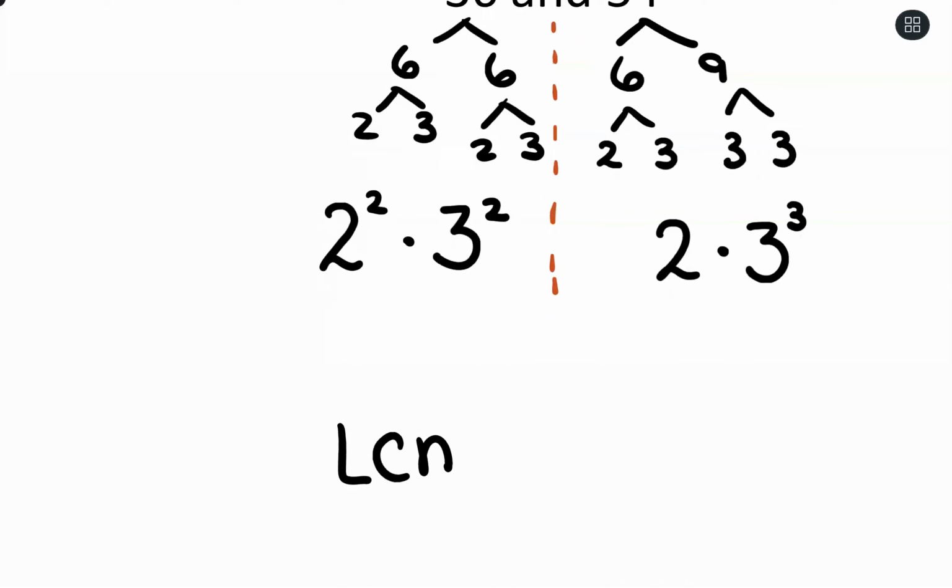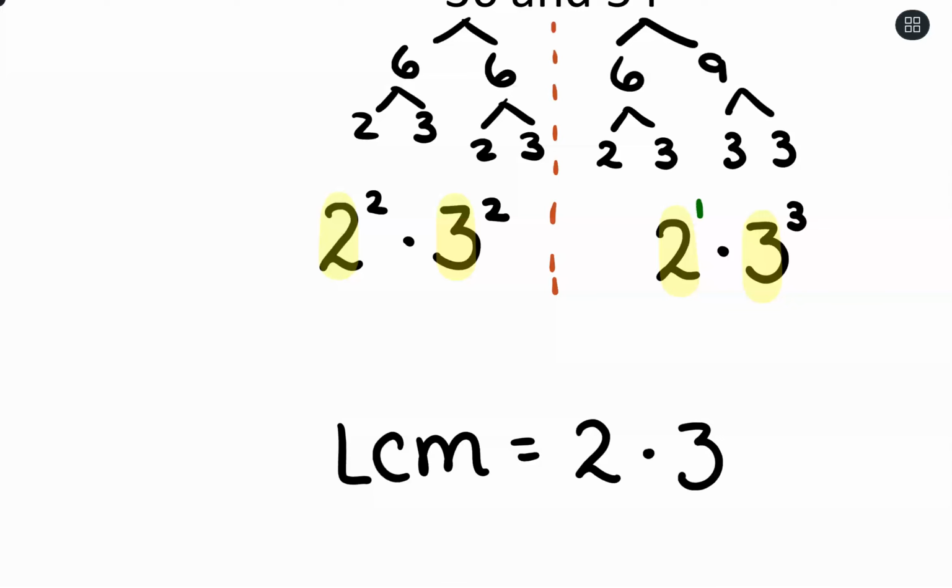Okay, putting together my least common multiple. First thing I'm going to do is grab bases. So we have a base of 2, base of 3. Over here we also have a base of 2, base of 3. So my unique bases, base of 2, base of 3. Now I'm just going to fill in the little exponent of 1 there.